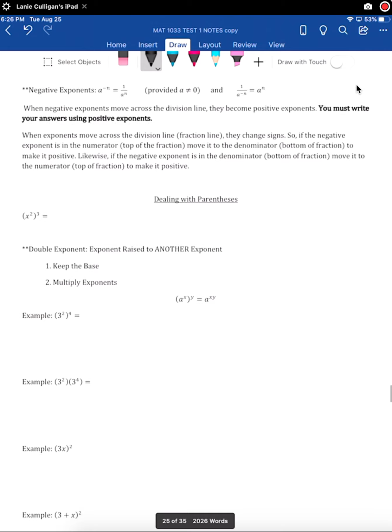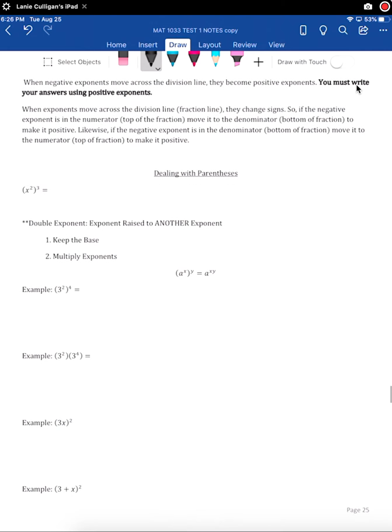But before we do that, let's deal with parentheses. So what if we have a power to another power, or an exponent to another exponent? So what if we have x squared cubed?